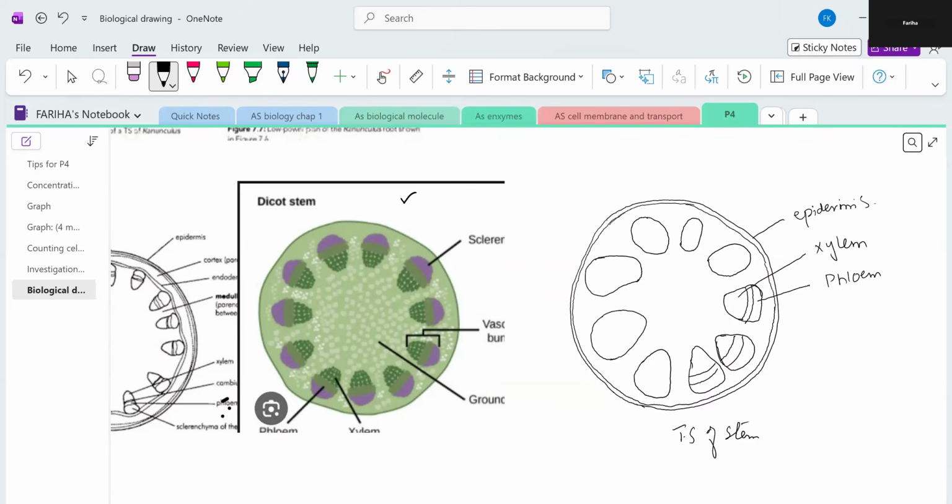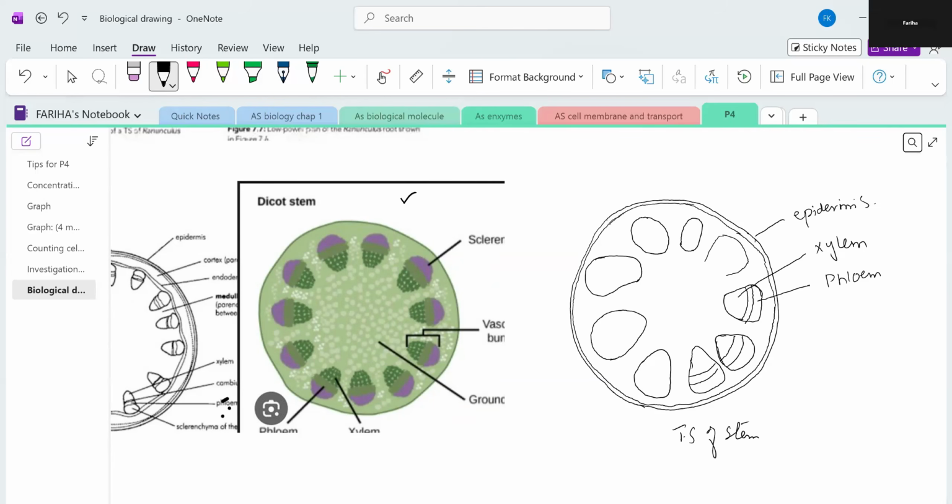Now draw these vascular bundles correctly, because these are incorrect. As per this diagram, the vascular bundles are thicker at the edges and thinner at the bottom.